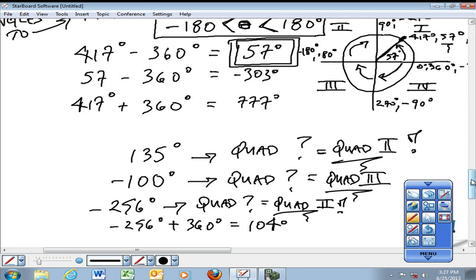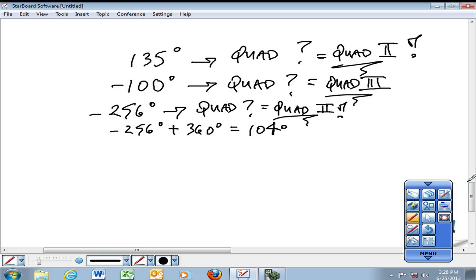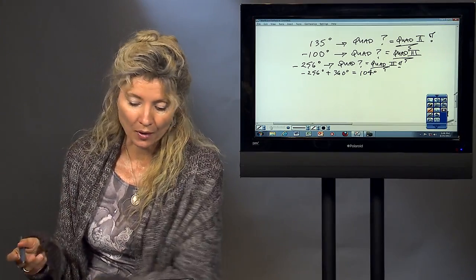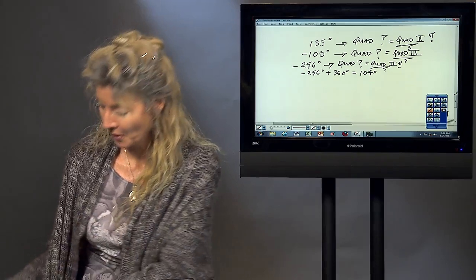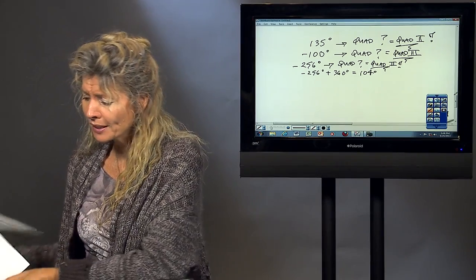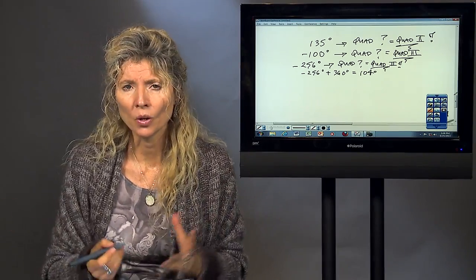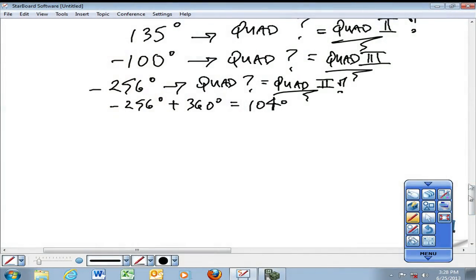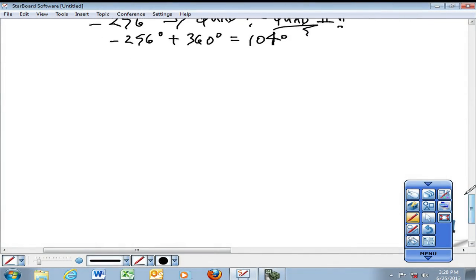So lots of ways to do it. Typical stuff that you're going to be doing in your circular functions chapter, working with all these angles and trying to determine where they live.